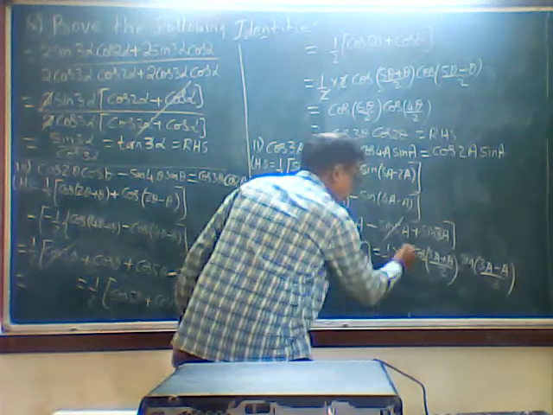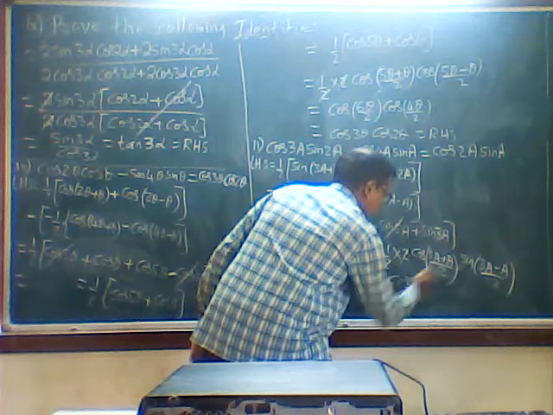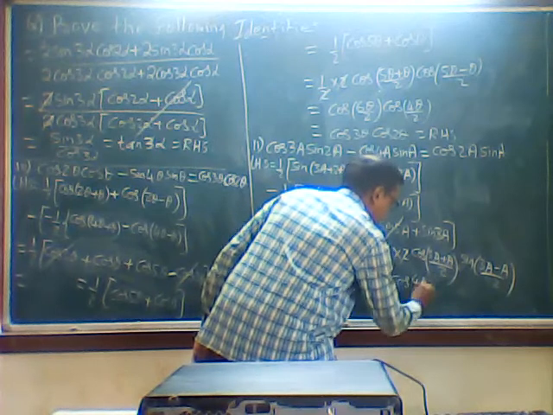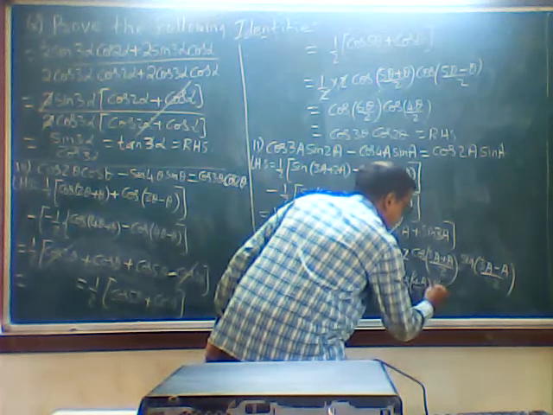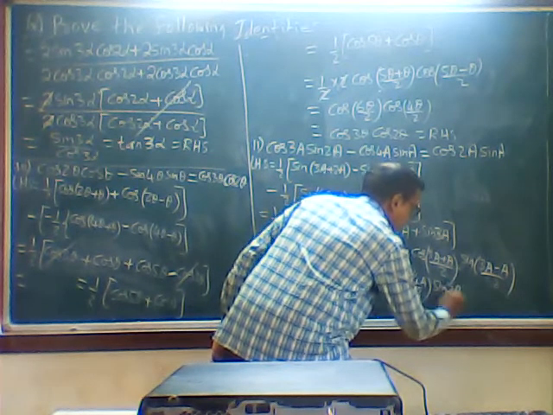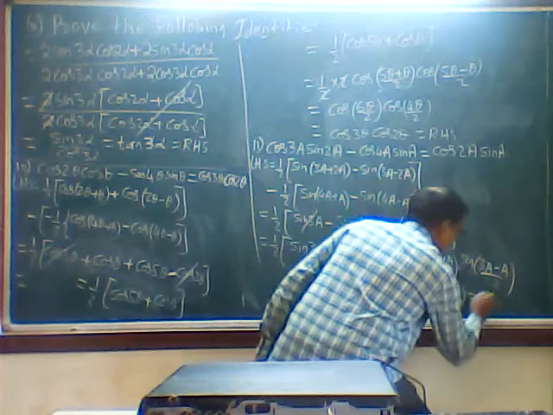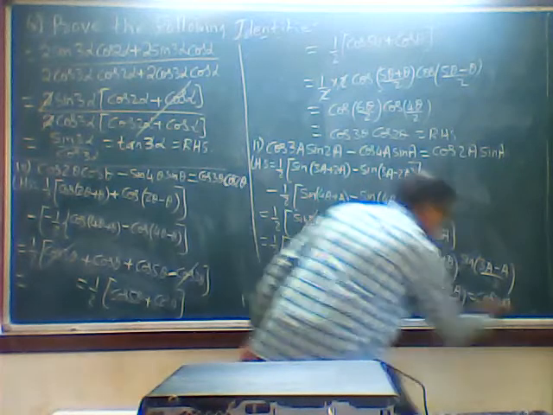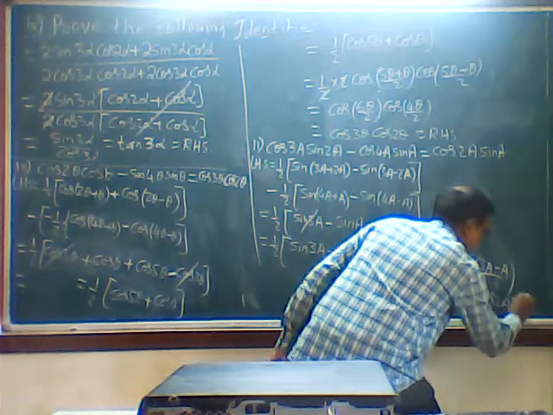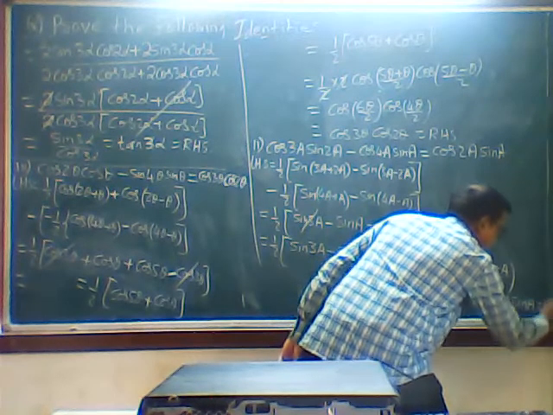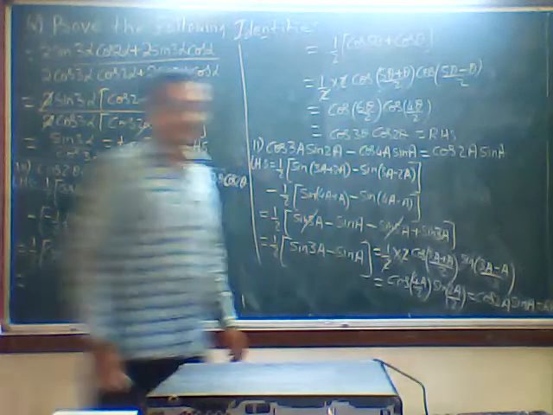So this 2 cancels here. It is cos 4a by 2, and here it is sin 2a by 2, the 2s cancel.